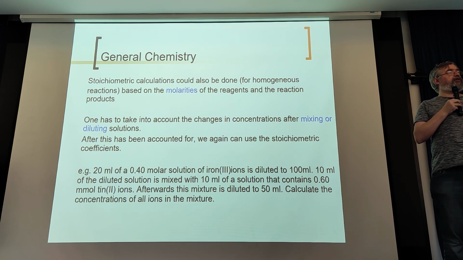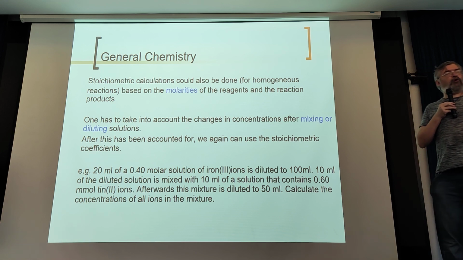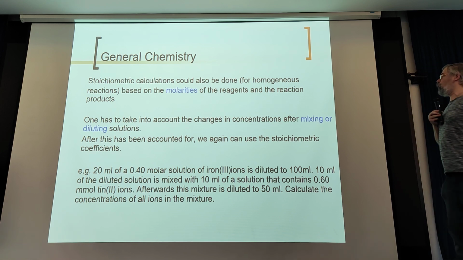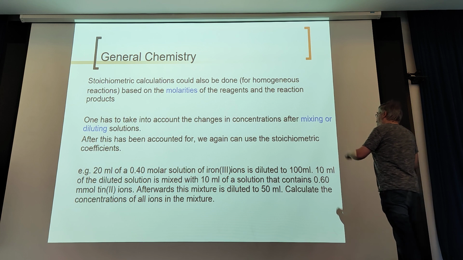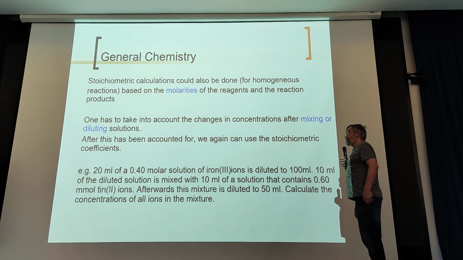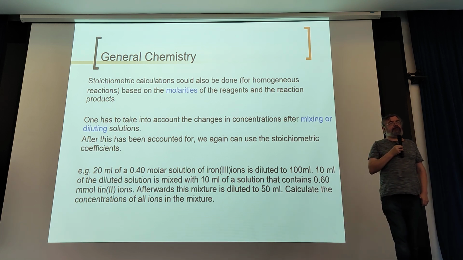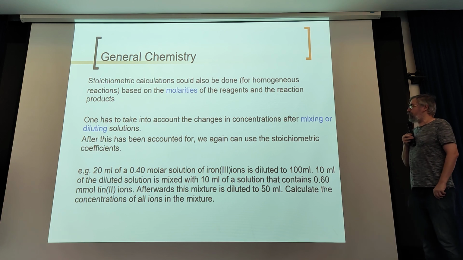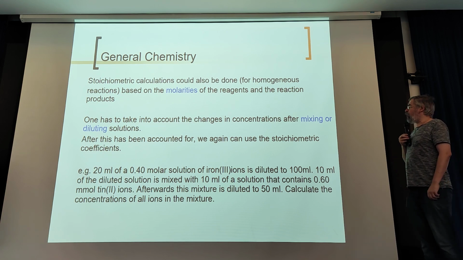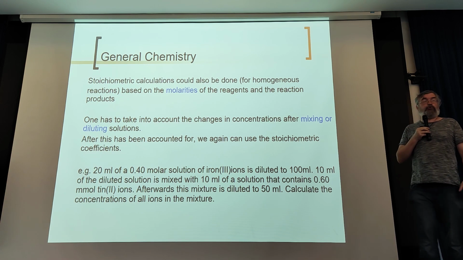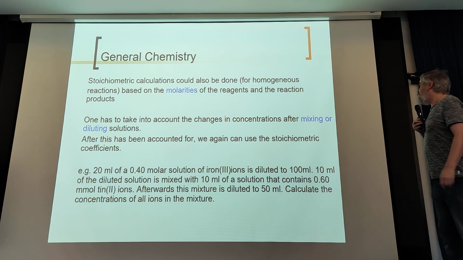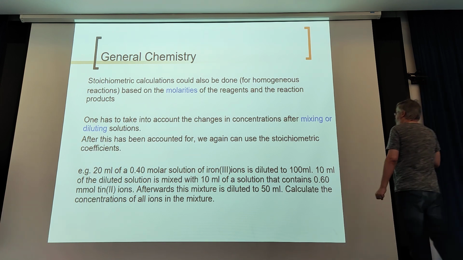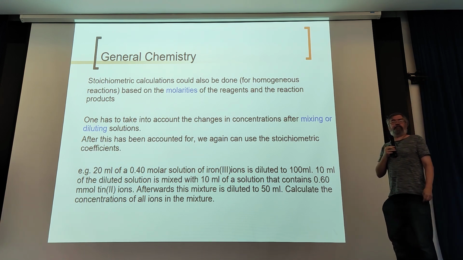In other words, it's a reaction that goes as far as it can go. So we are given the concentrations and the amount of reagents. We have 20 milliliter of a 0.4 molar solution of iron 3 to start. We dilute it to 100 milliliters.